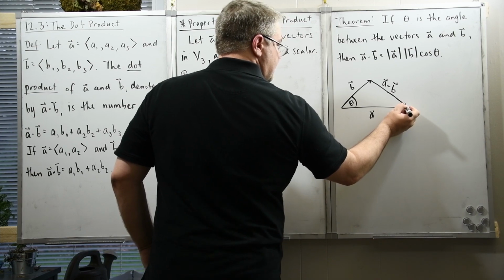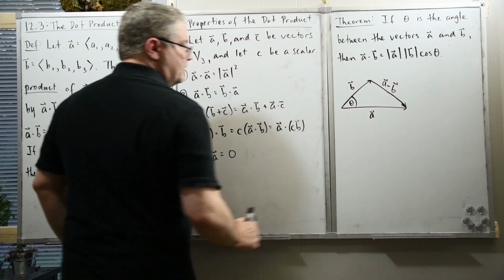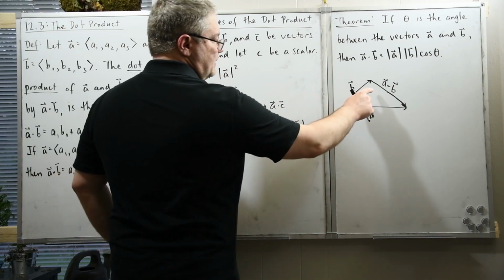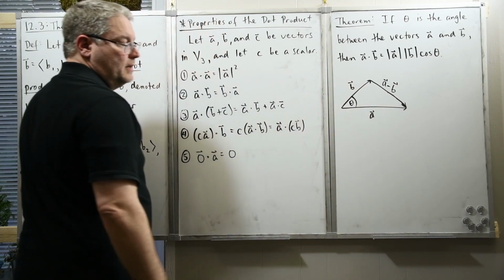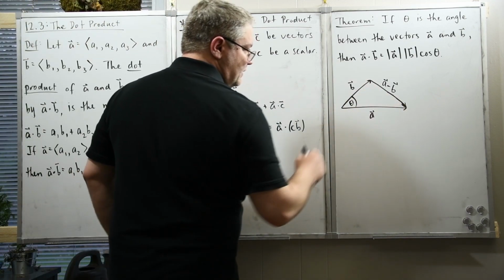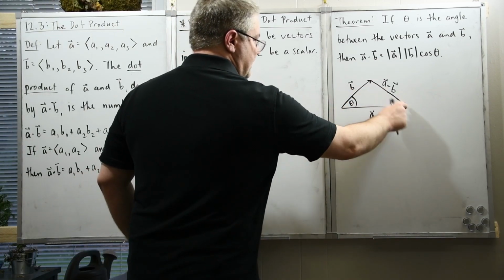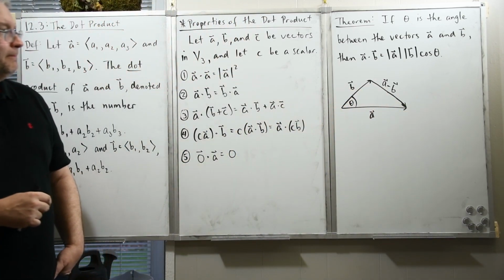Now notice that the vector A is actually the sum of this vector and that vector, because the initial point of this vector is at the terminal point of B. So we know that this vector has a representation of A minus B because B plus A minus B is equal to A.